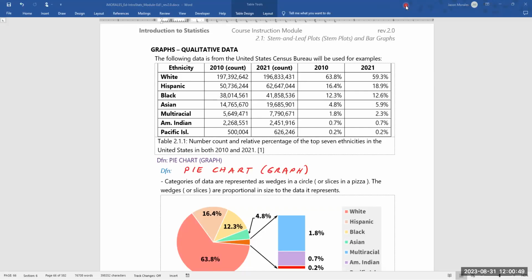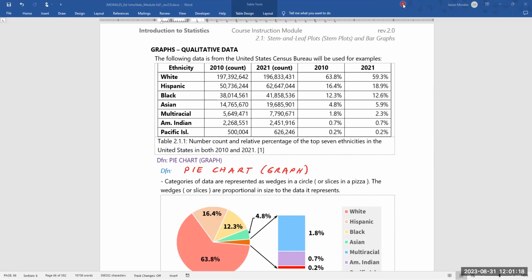Okay, next let's talk about ways of looking at qualitative data using graphs. Down below I've got data from the United States Census Bureau, where we have the frequency of ethnicity for the year 2010 and the year 2021.